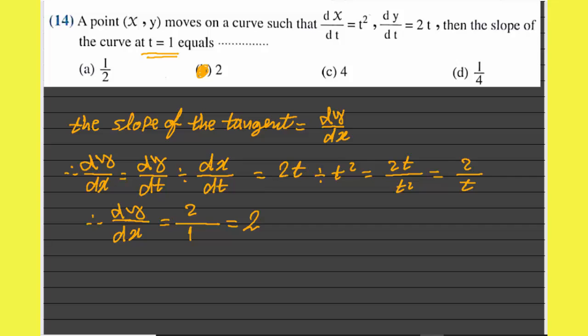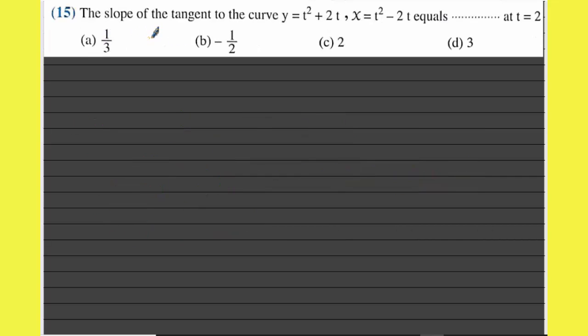Next question. The slope of the tangent to the curve y equals t square plus 2t and x equals t square minus 2t.